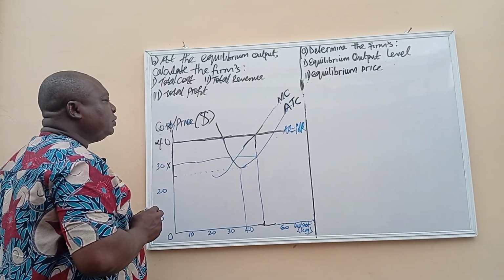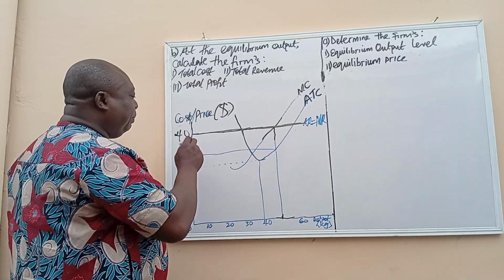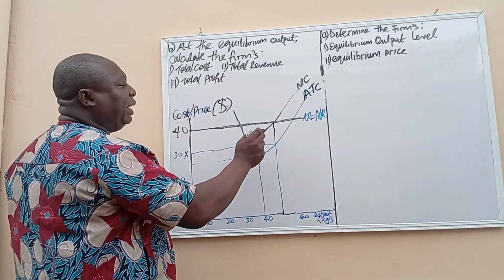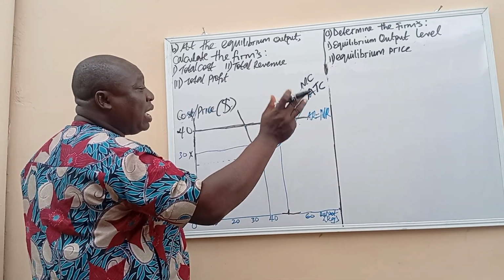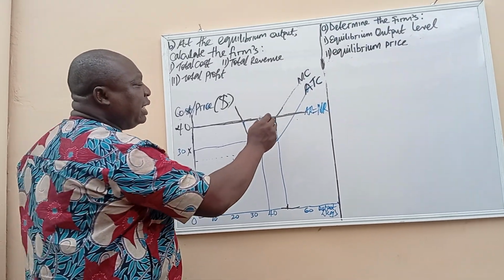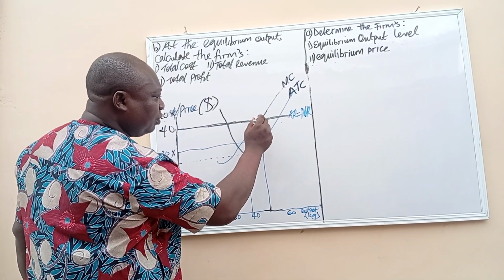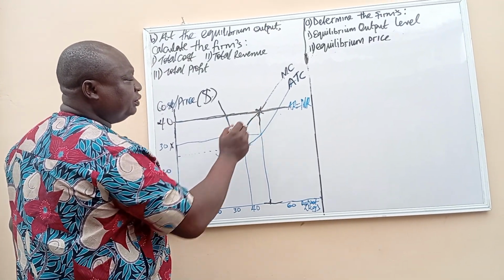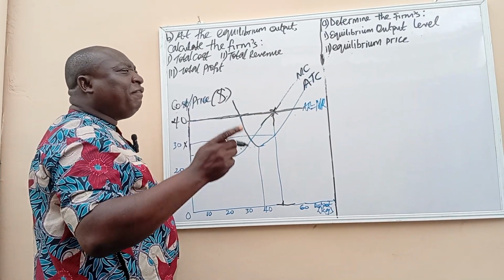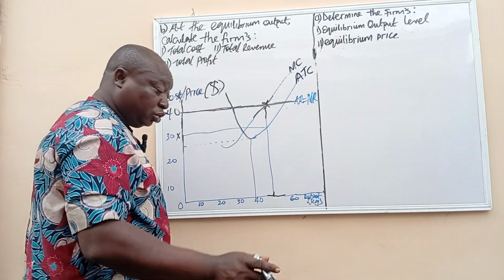Now, profit is maximized when price is equal to marginal cost, or where marginal cost and marginal revenue are equal. If you look at this point of intersection, this is where profit is maximized in a perfect competitive market in the short run.